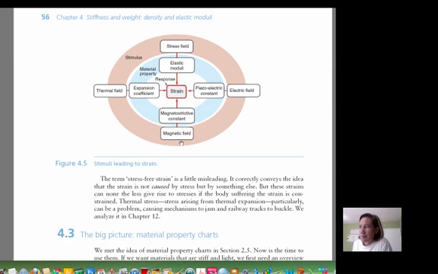It could be a magnetic field, which is going to create strain through the magnetostrictive constant, or it could be an electric field, or it could be a stress field, and through the elastic moduli you will see a strain development. Or another way of saying that is that these material properties in this blue ring right here are the metrics that we use to relate the stimulus to the response of strain.